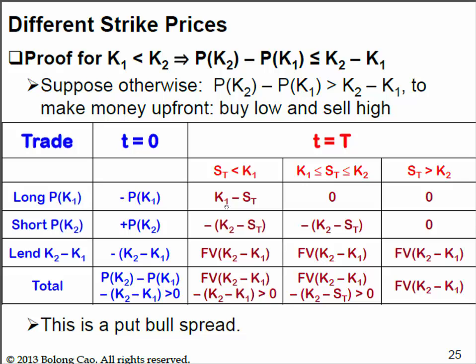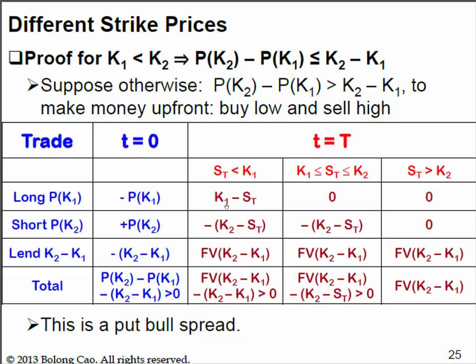It's the minus of K2 minus ST. But because the underlying price at the expiration is now closer to K2, the higher strike price, it goes above the low strike but is still below the high strike, it's a smaller difference. The high strike minus the underlying price at the expiration is a smaller number.